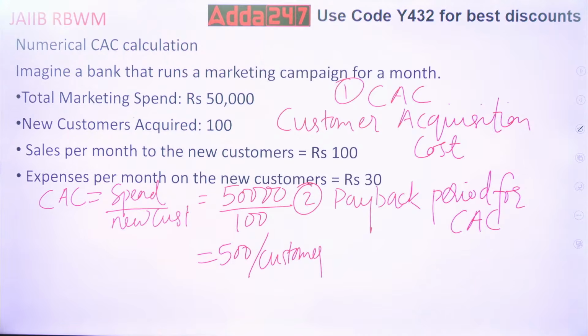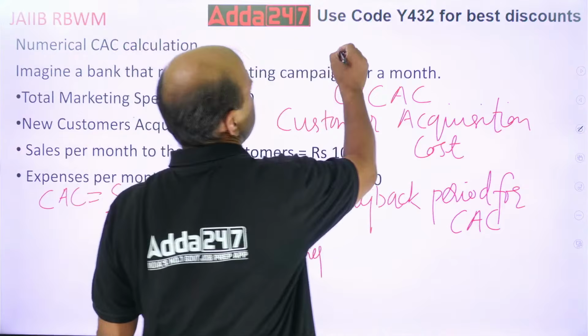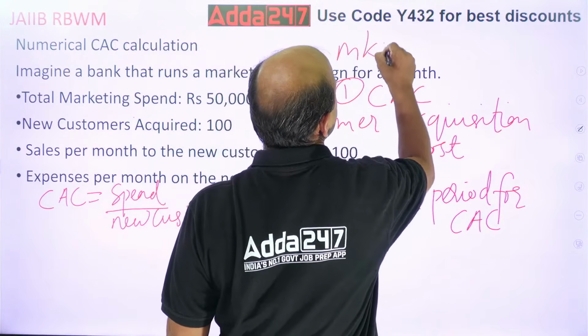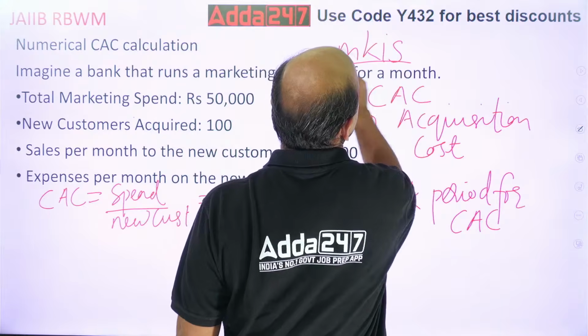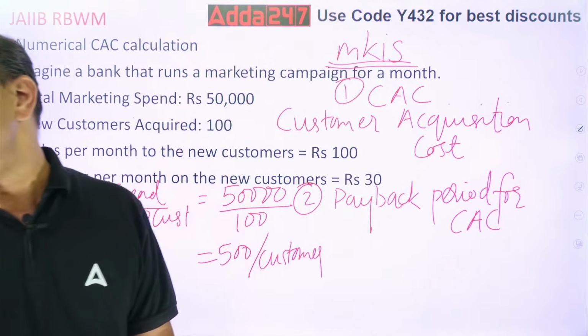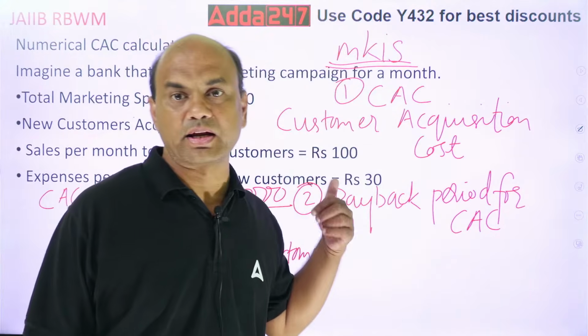Let me see, how many of you have read the books or gone through the paid classes? In the detailed batch, I had taken this. So it is in MKIS, Marketing Information System, Module C.